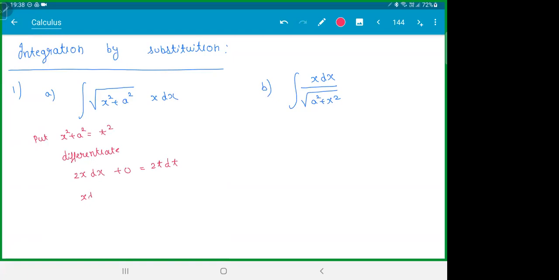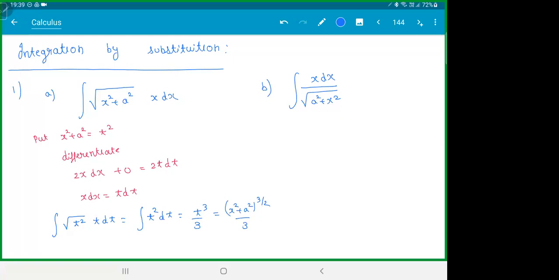So x dx will be t dt. Substitute in that integration now. So x square plus a square will become root t square. x into dx becomes t into dt. This becomes simply t square dt. This becomes t cube by 3 on integration. What is t? x square plus a square whole to the power of 3 by 2, divided by 3.